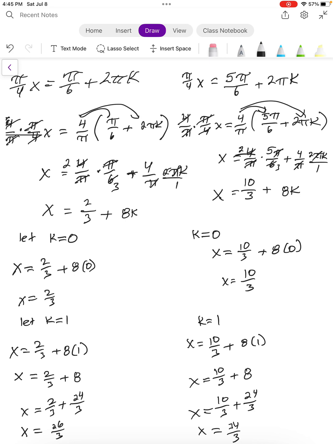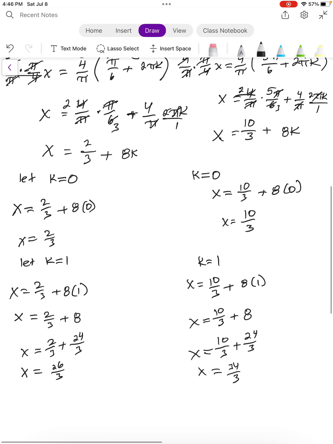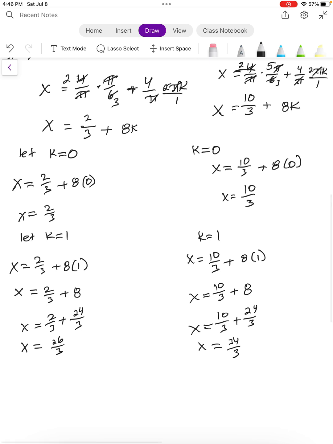And they did ask here for the 4 smallest solutions. If you notice, any other solution that I get is going to be larger than these 4. We just have to make sure that there are no other smaller solutions out there than the ones we have already come up with.